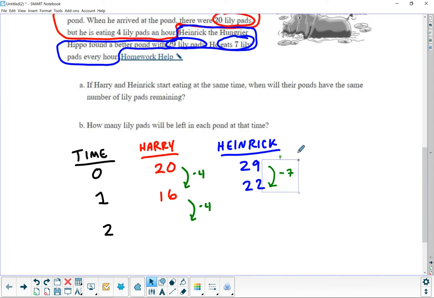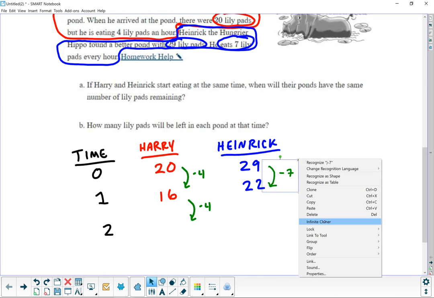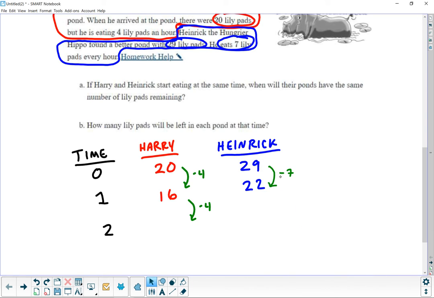Let me group that. Then let me do an infinite cloner. Okay, so Heinrich is going to be another minus 7. So at the 2-hour mark, Harry is going to be 16 minus 4, which is 12. And Heinrich is going to be 22 minus 7. You can use a calculator for that, or you don't have to. That's going to give me 15.